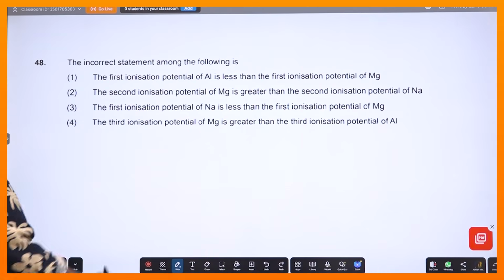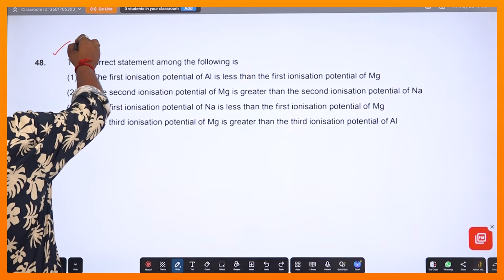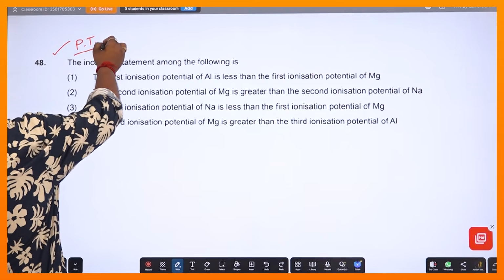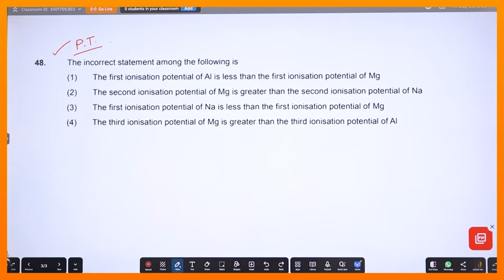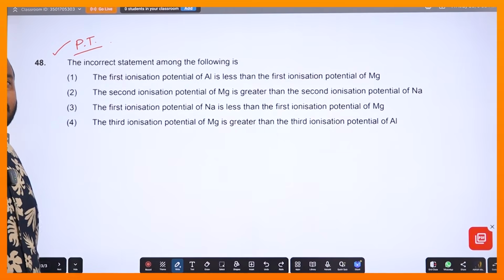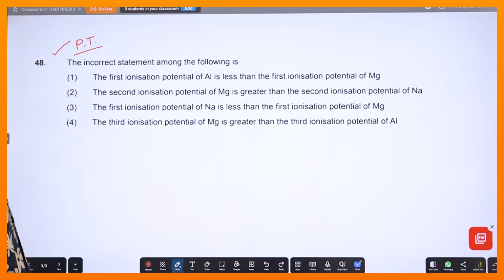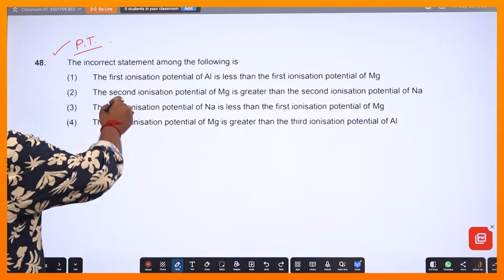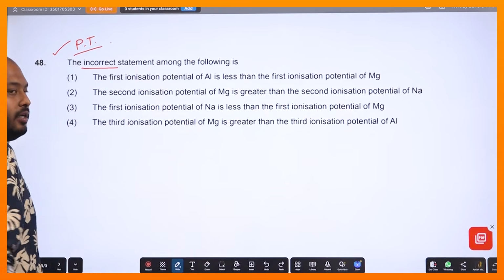So this is a question from the chapter periodic table. It is a statement based question. So let us check the statements, and it is saying to find out the incorrect statement.